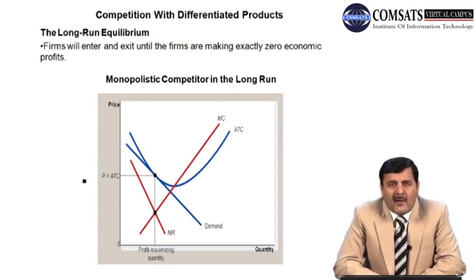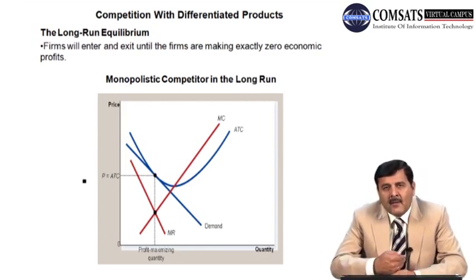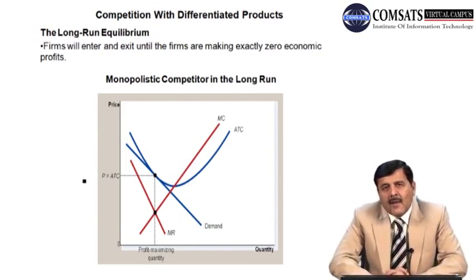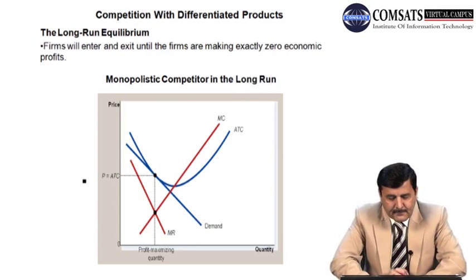And this is only possible in the long run, कि जब शॉर्ट रन में नुकसान होता है कुछ फर्म्स को या प्रॉफिट होता है तो इंसेंटिव होता है न्यू फर्म्स का एंटर होने का, और नुकसान की सूरत हाल में they can exit from the industry.